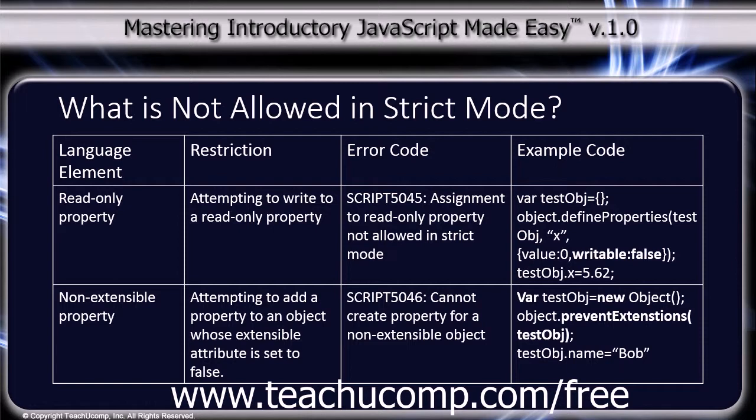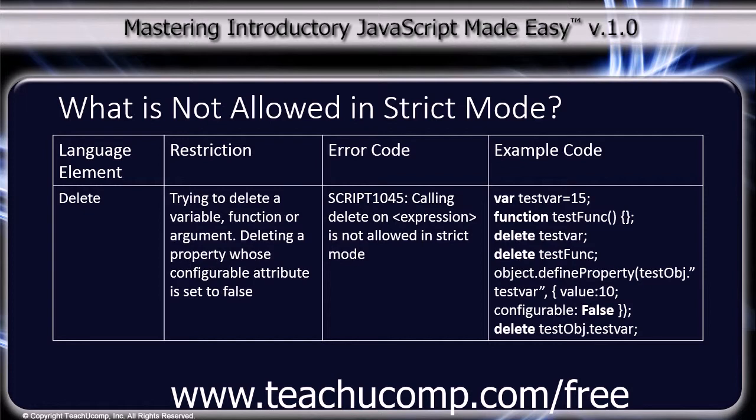Attempting to add a property to an object whose extensible attribute is set to false, we'll throw error code script 5046, cannot create property for a non-extensible object. In the example code, prevent extensions to test object sets it to a non-extensible property.